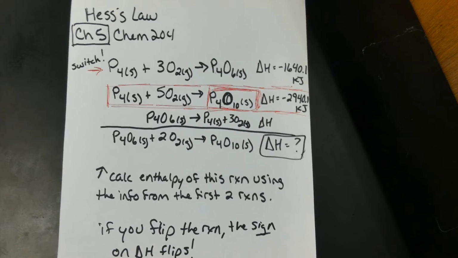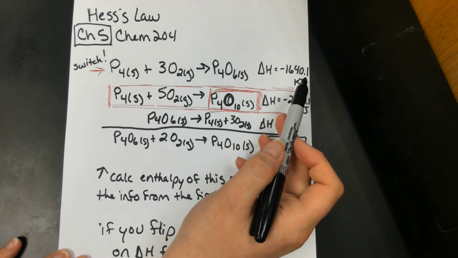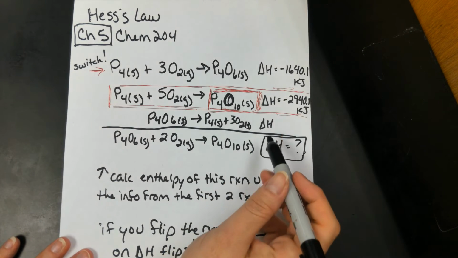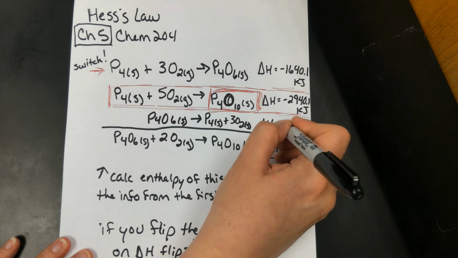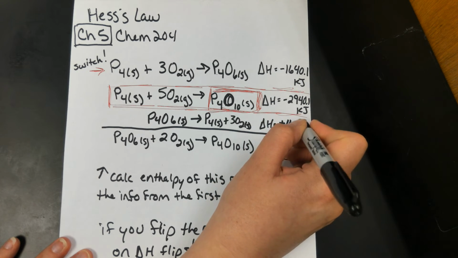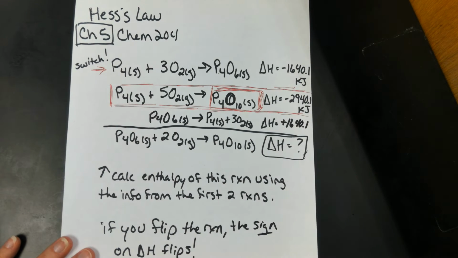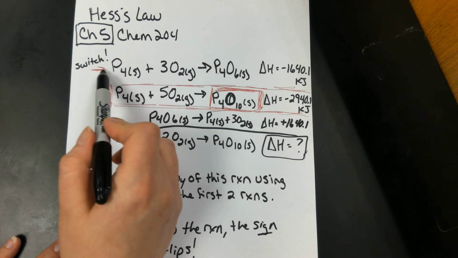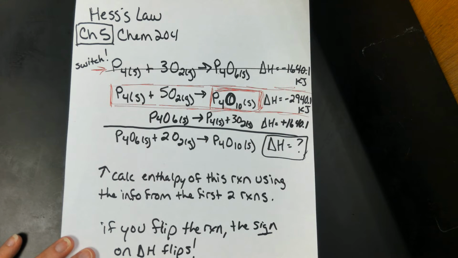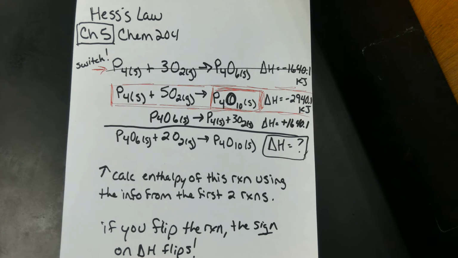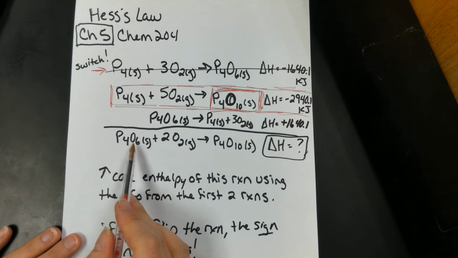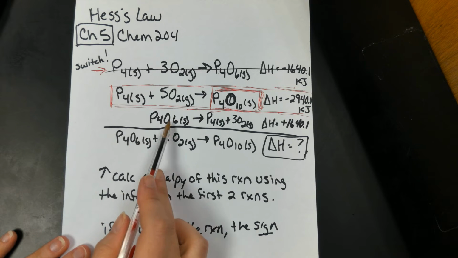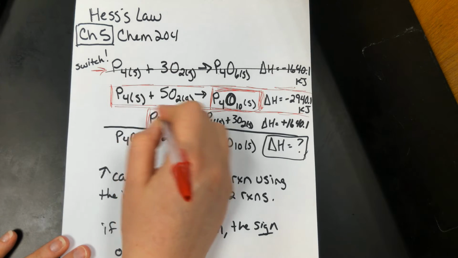So since it was a negative 1640, it's now going to become a positive 1640.1 kilojoules, right? Now, what do I do with this reaction? I am now done with it. I draw a line through it so I don't get confused anymore. We have another thing that I call another anchor, right? P4O6 has to be on this side and there has to be only one of him. So I can't move him, can I?